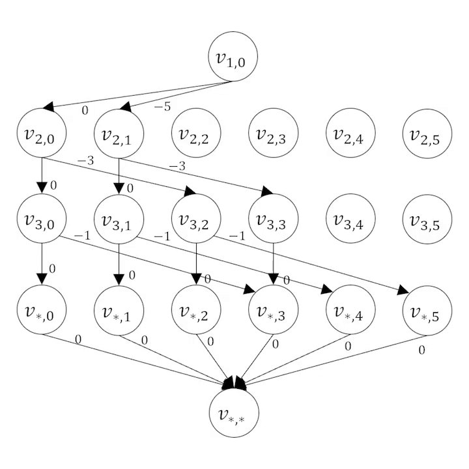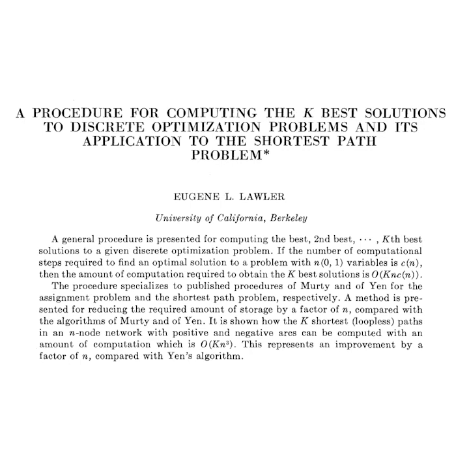We're now going to create the graph from the 0-1 knapsack problem. And we're going to do this so that we can set up a shortest path problem for which we can apply Eugene Lawler's k-best rankings to the shortest path problem.